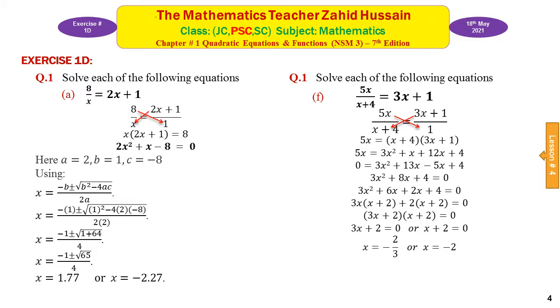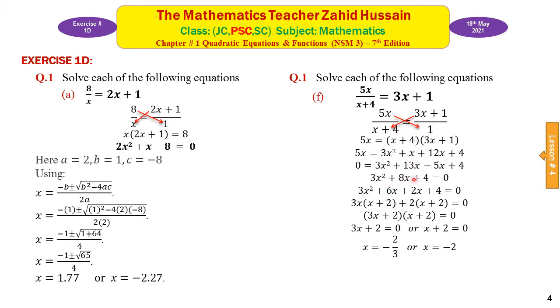So this is very simple: if there are two fractions only, one on each side, or two fractions on the same side and one side is 0, then you will transfer one fraction from one side to the other and then cross multiply. Simplifying, you will get a quadratic equation.